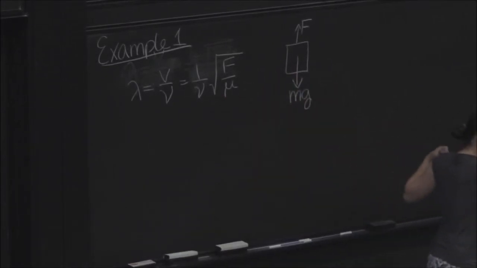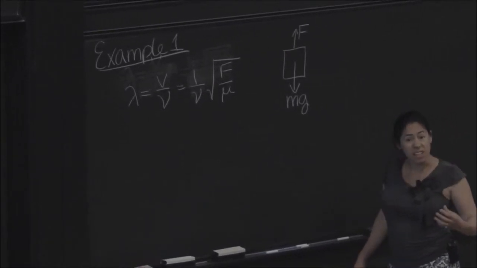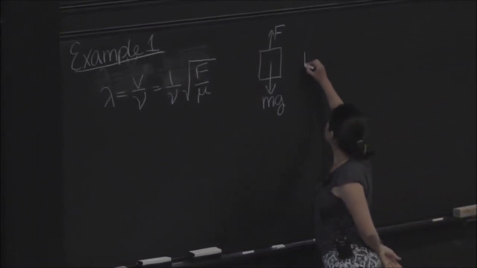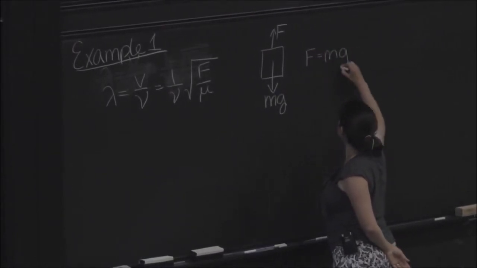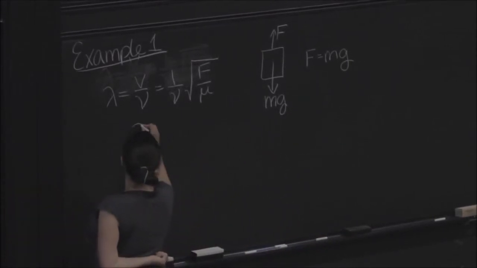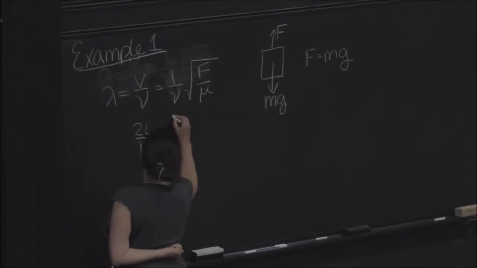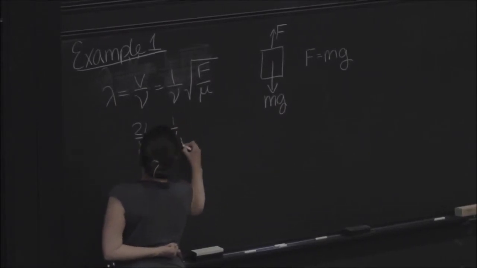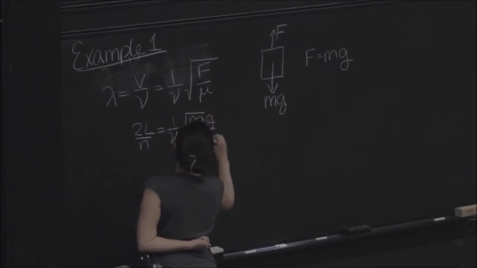If I isolate the mass on the end of the string, we know that if it's not falling, then F had better equal mg. Sticking these two relationships in, we get 2L over N had better equal 1 over nu times the square root of mg over mu.